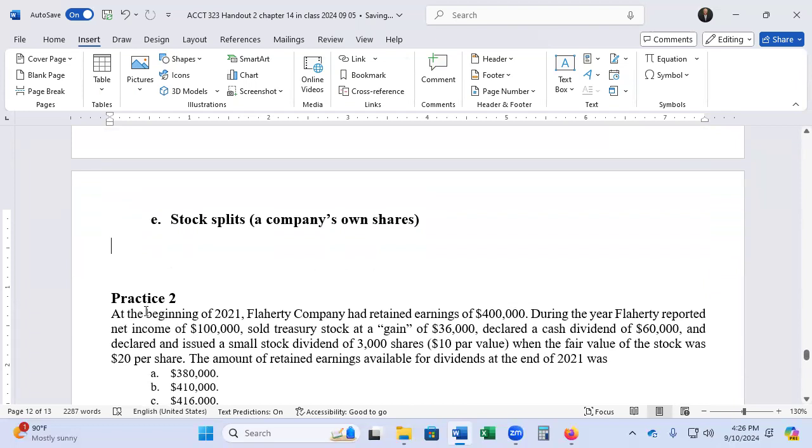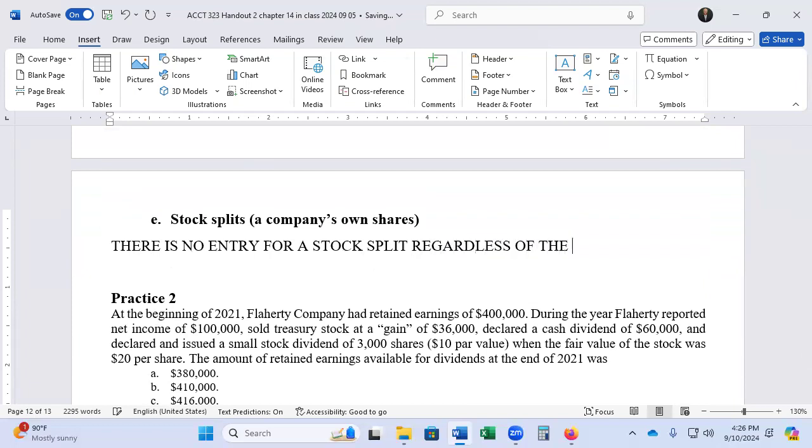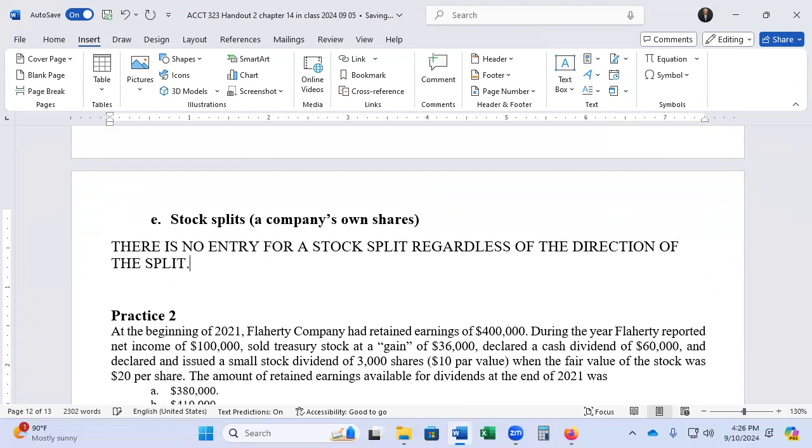Stock splits. Okay. There is no entry for a stock split regardless of the direction of the split. So companies can give you more shares than you had, or they can cut the shares down that you had.